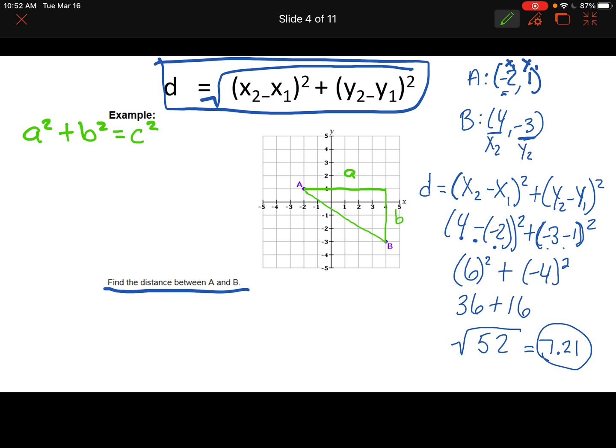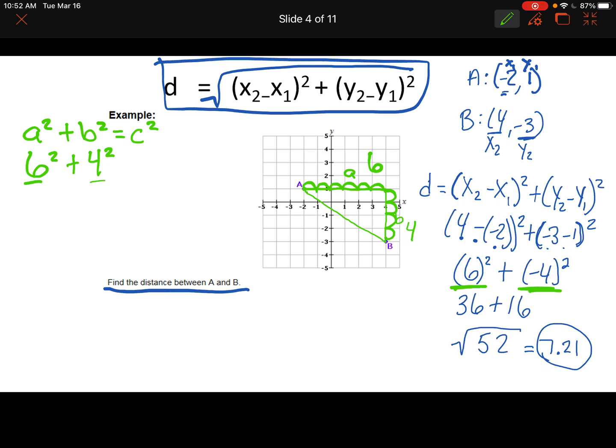So to find the length of A, we're just going to count the blocks. 1, 2, 3, 4, 5, 6. And then count down 1, 2, 3, 4. So A is 6, B is 4. If you notice, 6 and 4 are the same numbers that we got down here.